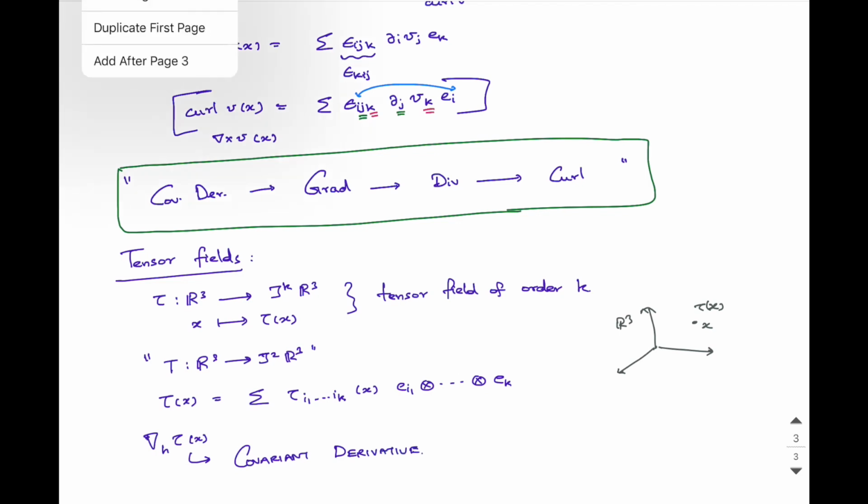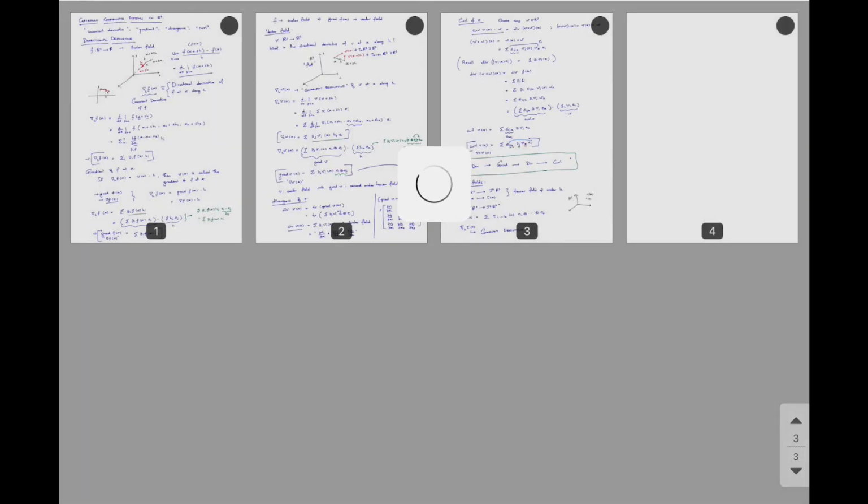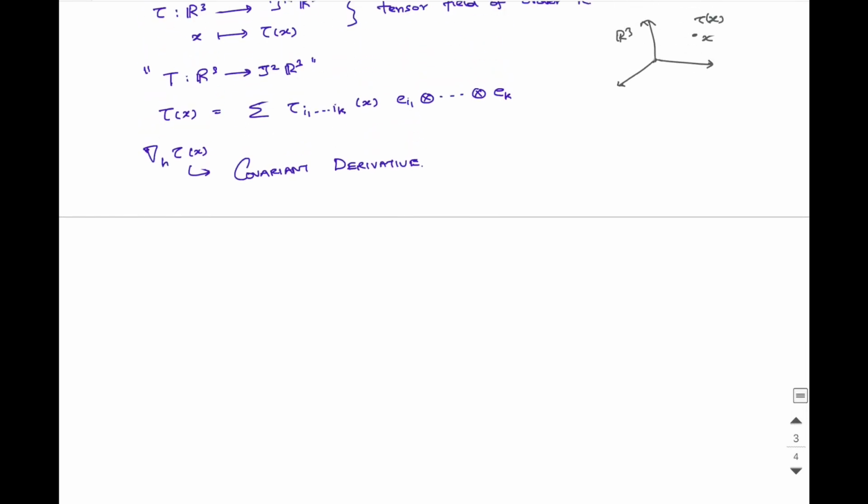The definition is exactly the same, because we are dealing with a simple Cartesian setting. There isn't really any difficulty in extending the basic idea. All you have to do is, as usual, choose a direction h, move x along h, compare the values of tau at different neighboring points, and then take the derivative. That's it. Very good.